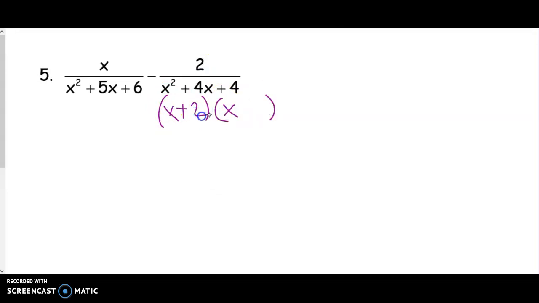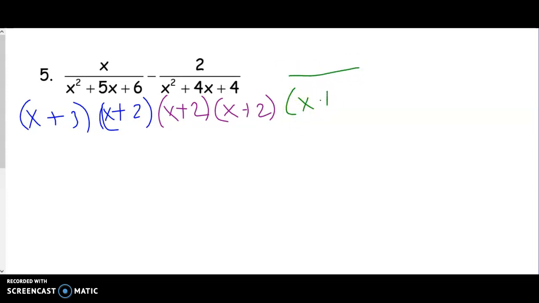This one's x plus 2, x plus 2. This one, let's see, x times x, 3 times 2. All right, so those are the denominators that are factored. So the one on the right, we need to introduce x plus 3.